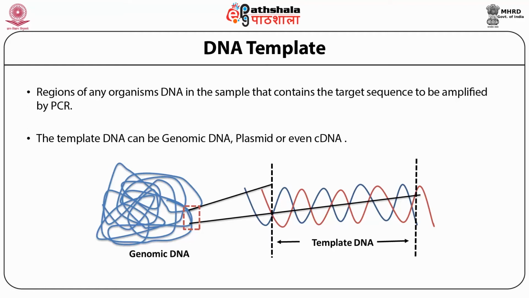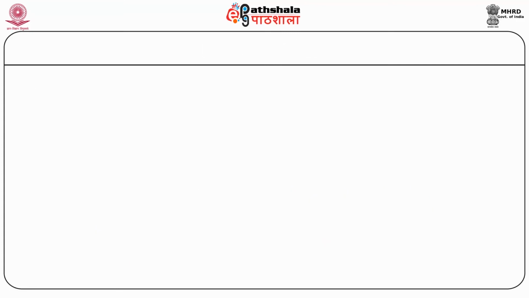At the beginning of the reaction, a high temperature is applied to this template DNA to separate the strands, called initial denaturation. For PCR, a very small quantity of DNA is required, as more DNA template will increase the amount of contaminants and reduce the efficiency of the polymerase chain reaction.